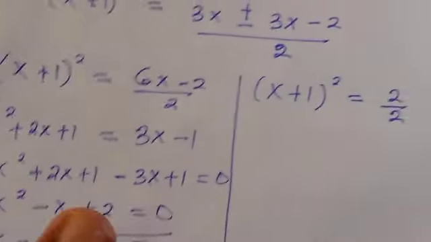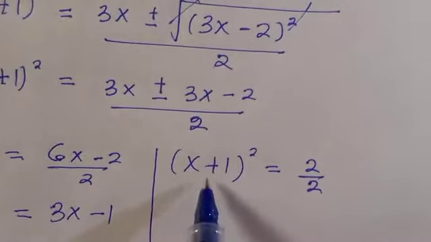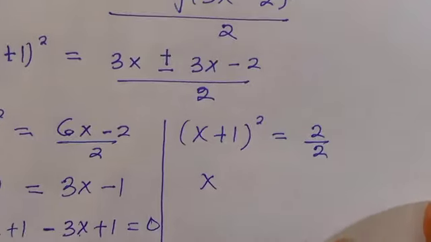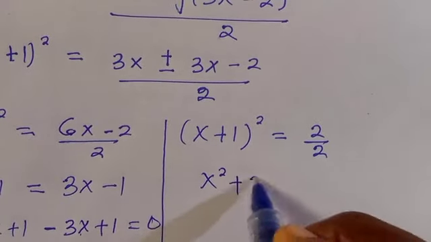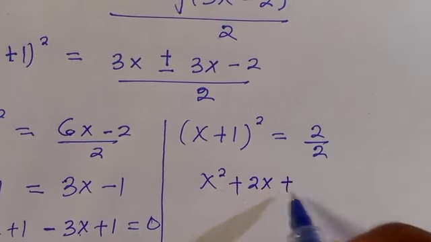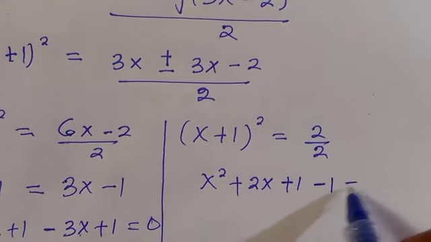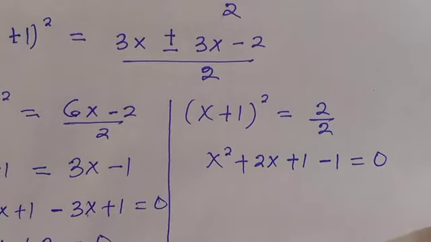And for the second solution, we have this as (x+1)^2 equals this. So when we expand this, we are going to have x squared plus 2x plus 1, and here is 1, we take it to this side, we have it as minus 1 equals 0.